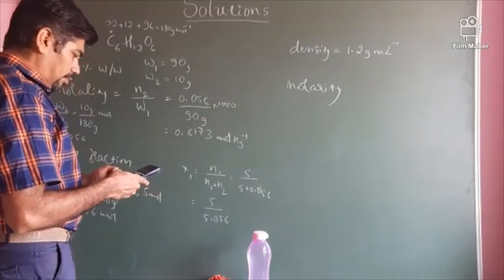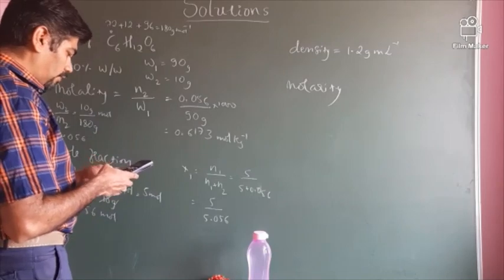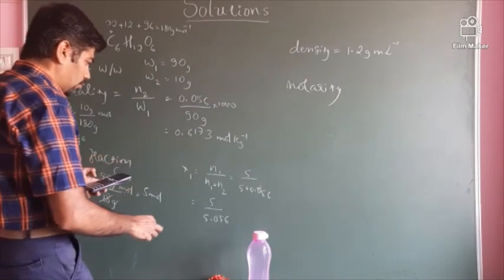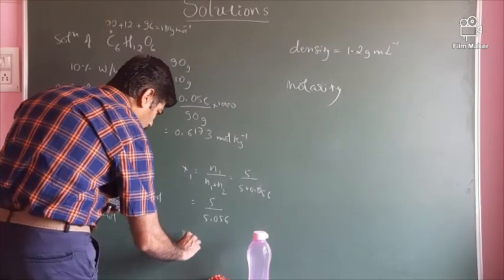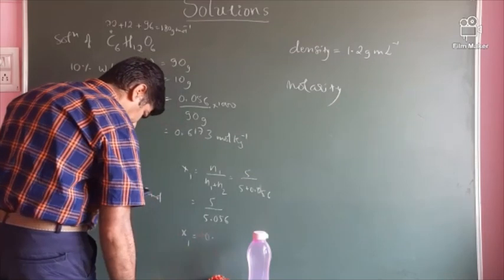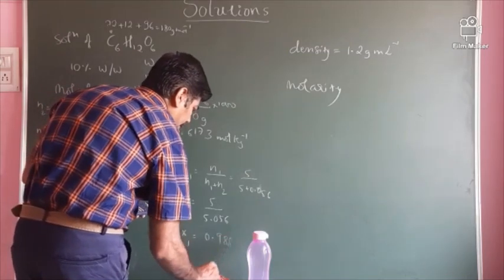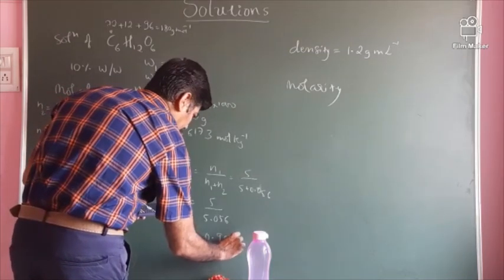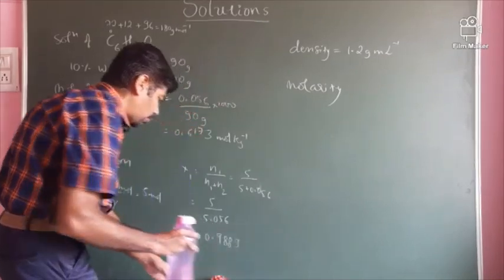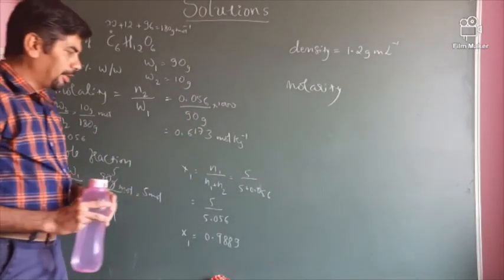So 5 divided by 5.056 comes to X1 equal to 0.9889. You can approximate it to 0.99.